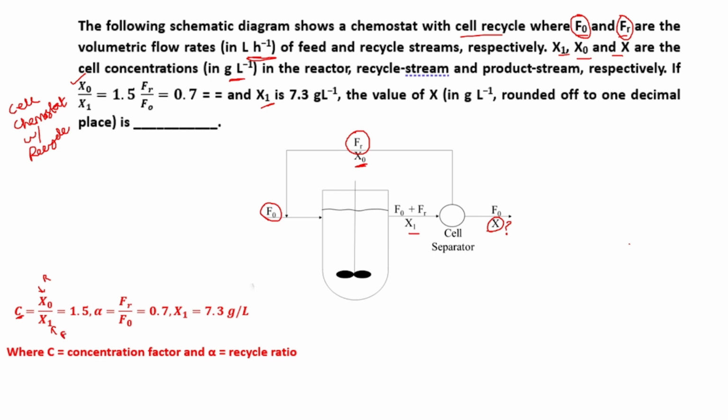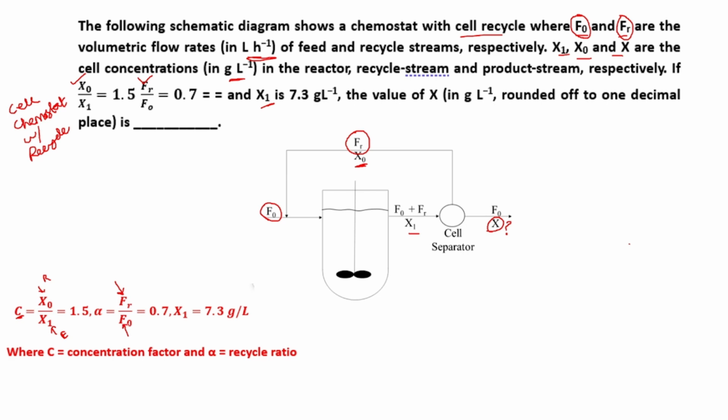So x0 stands for the biomass concentration in the recycle stream, and x1 is the biomass concentration in the exit stream, and this alpha is what they have given, which is Fr by F0. This is called the recycle ratio. It is defined as the flow rate of the recycle stream divided by the flow rate of the feed stream.